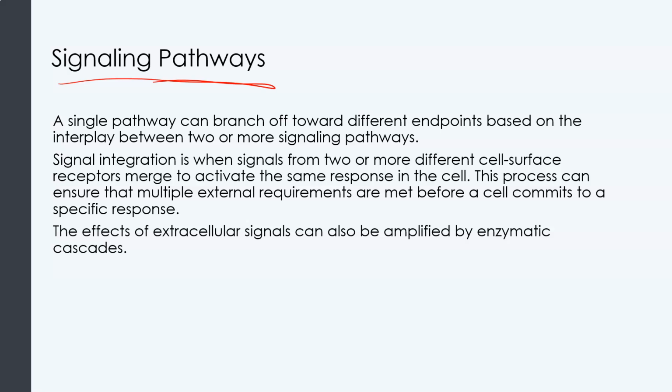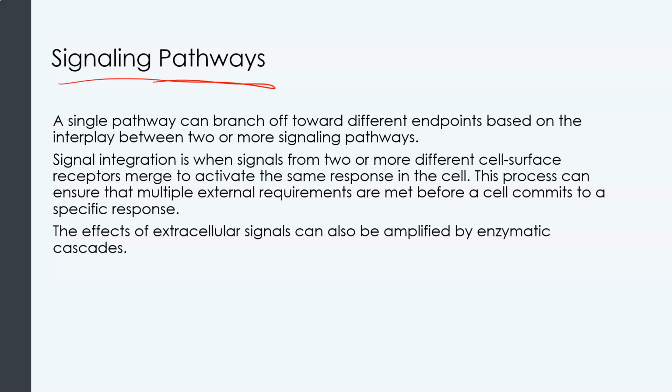This process can ensure that multiple external requirements are met before a cell commits to a specific response. So this would be like an extra checkpoint that's required so that the signal doesn't happen by accident.